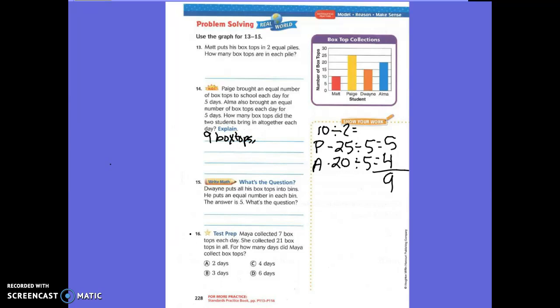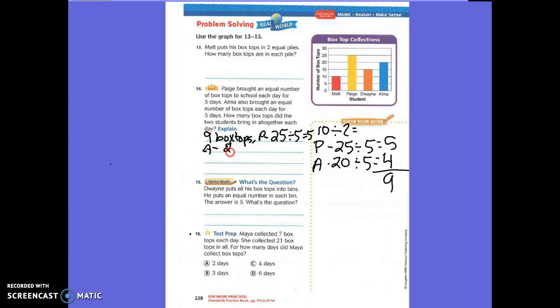Okay, now we have to explain. So we can go. I'm just going to put a P for Paige. I'm just going to draw the problem. 25 divided by 5 equals 5. And then I'm going to put an A for Alma.